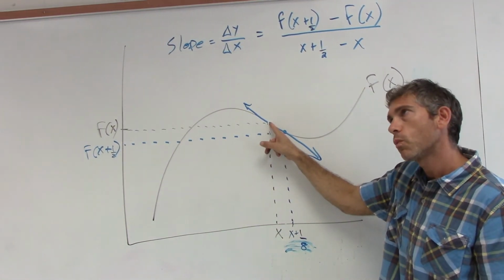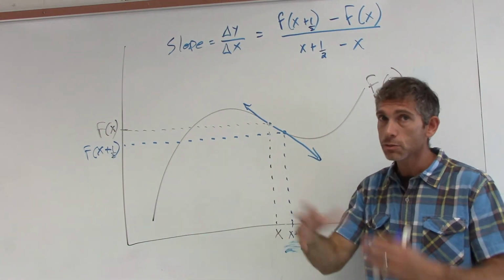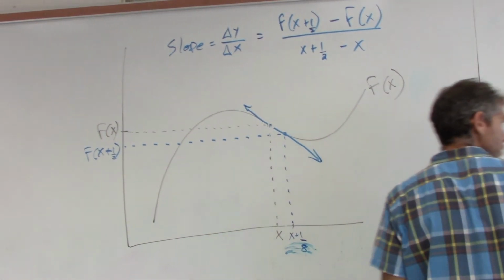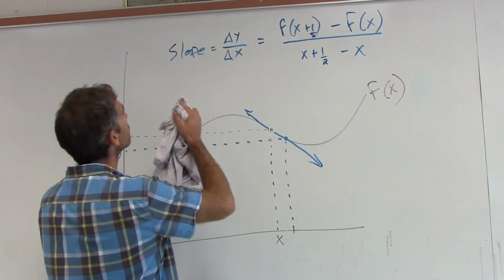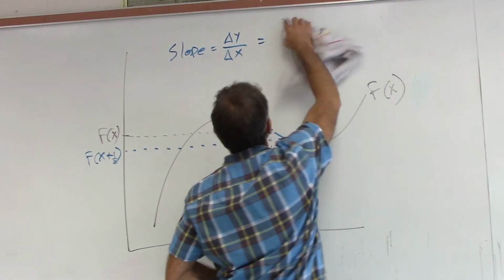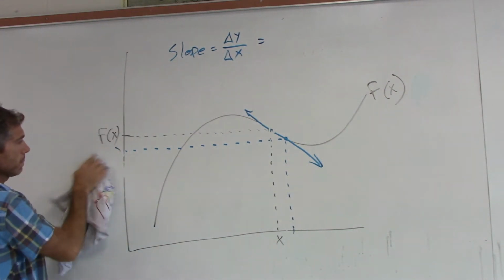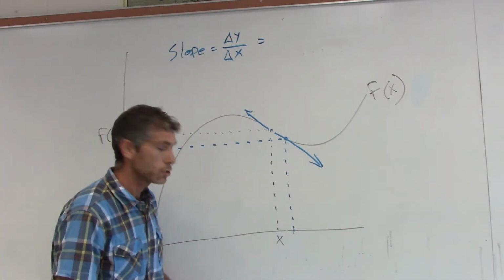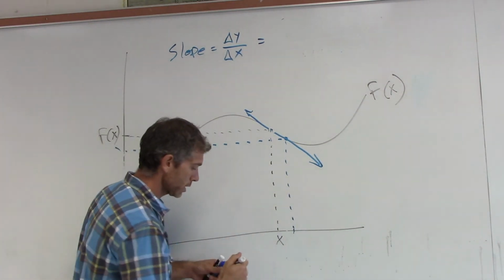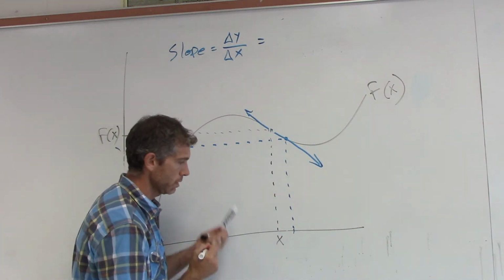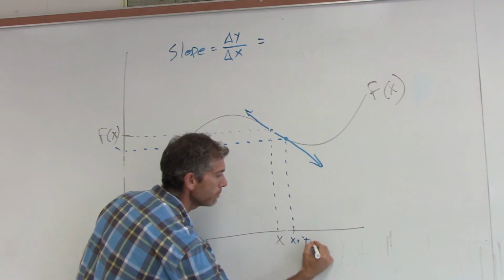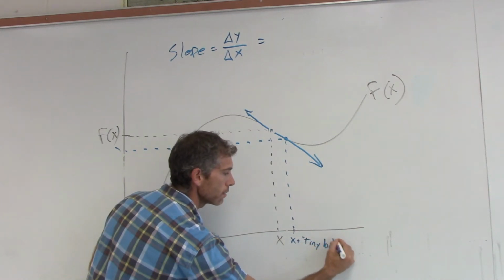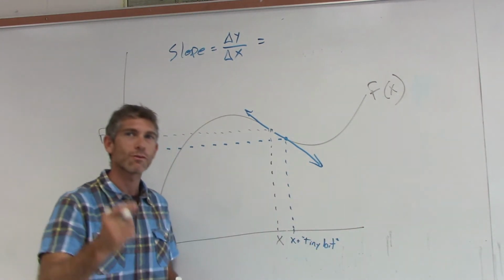So we know we need 2 points because we're measuring a change. Let me erase some of what I have here. So what we do is we pick our second point as x plus a tiny bit. That's that millionth or trillionth or googleth.